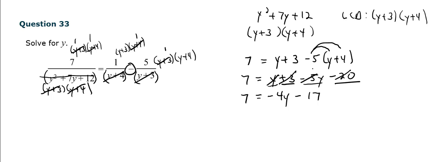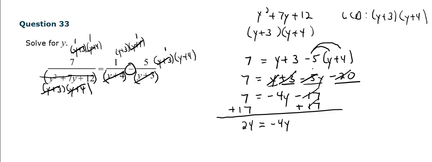So since y is already isolated on the right-hand side, I'm going to move the 17 onto the left-hand side by taking its opposite. So that gives us 24 equals negative 4y, and we're going to divide both sides by a negative 4. So 24 divided by negative 4 is negative 6.